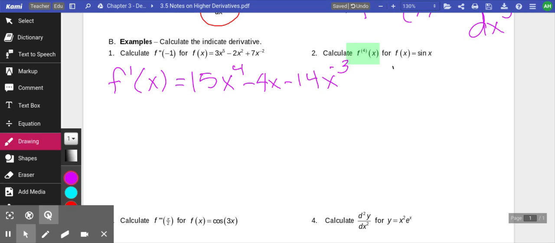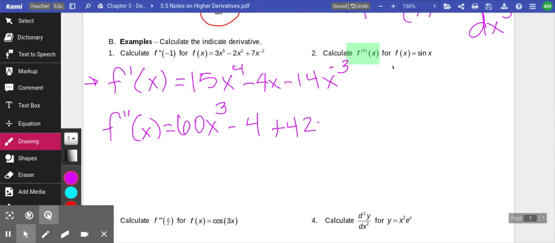Now I'm going to take the second derivative, which means taking the derivative of the first derivative. Applying the power rule gives me 60x cubed minus 4, and -3 times -14 is plus 42, subtract 1 from the exponent, x to the -4.